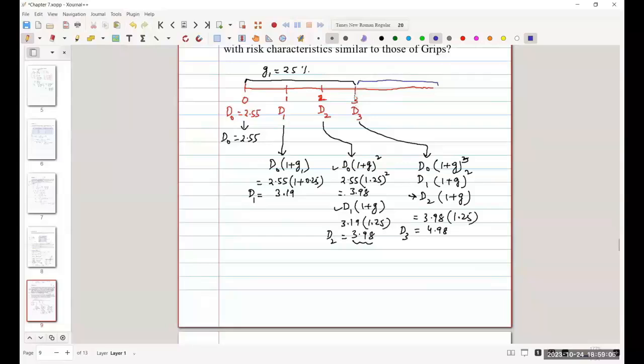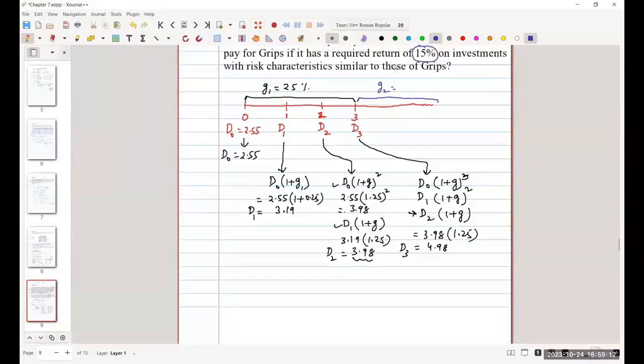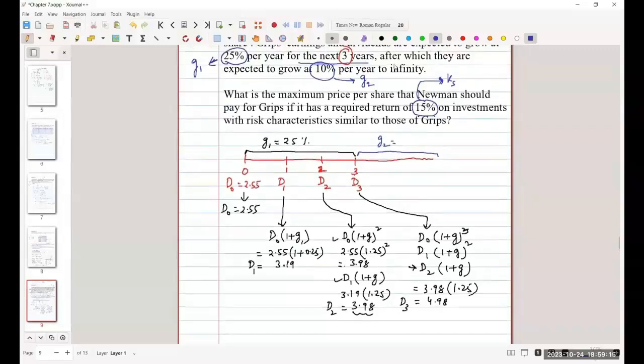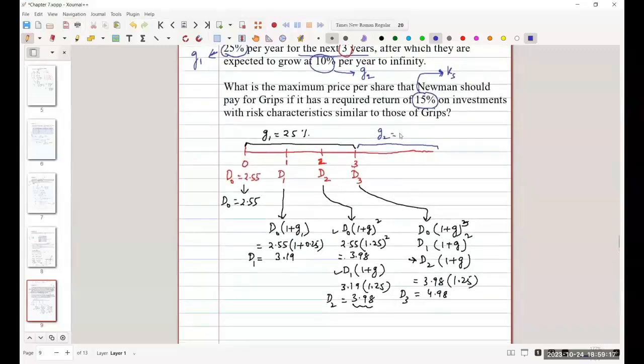The first part ends at time 3. The second part of the timeline, during which the growth rate will be, what was the second growth rate? 10%. During this part of the timeline, which will start from time 4 onwards, 4, 5, and then on till foreseeable future, the growth rate will be constant.